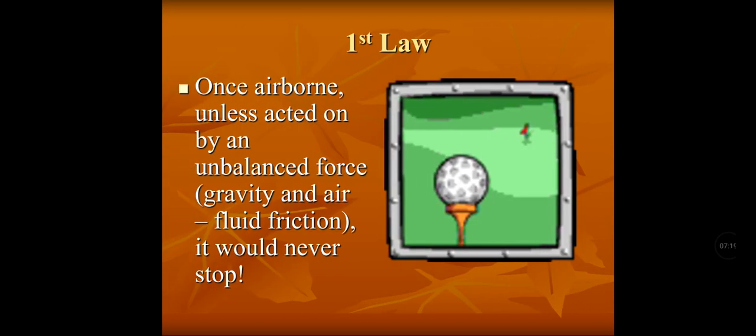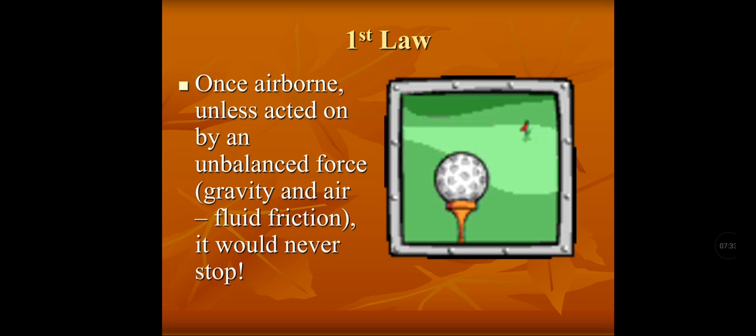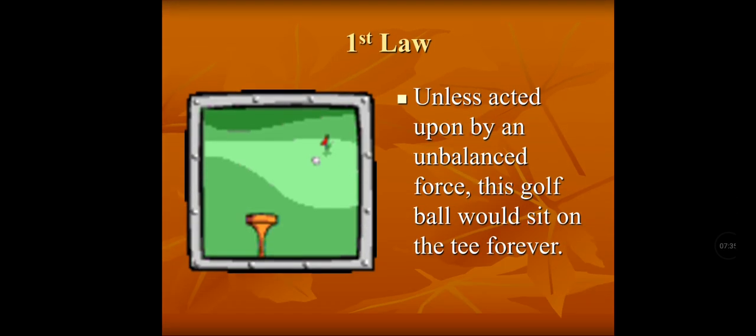Next, once airborne, unless acted on by an unbalanced force, gravity and air fluid friction, it would never stop. Next example, unless acted upon by an unbalanced force, this golf ball would sit on the tee forever.